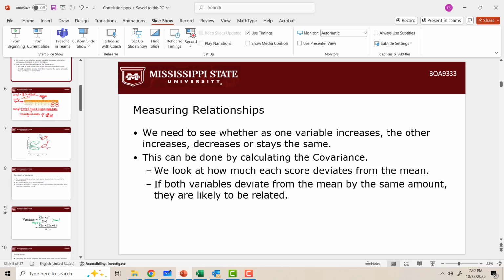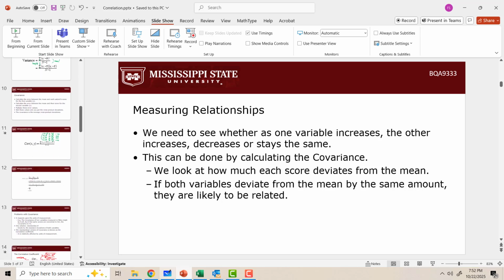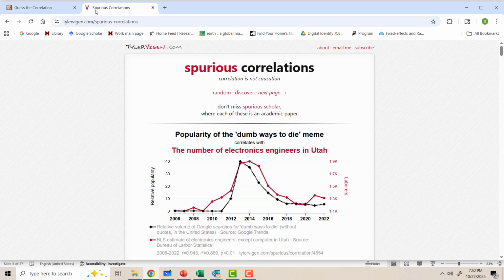A few other things when we talk about correlations: correlation does not necessarily mean that we have some sort of causation. When you do structural equation modeling, maybe when you do some of the stuff on mediation and moderation models with Dr. Landers, you'll think more about causation.